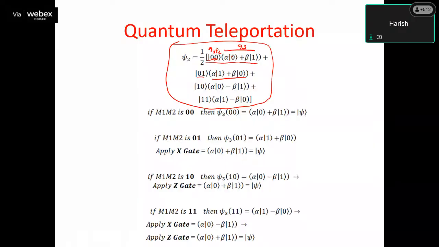Q3 is alpha times 0 plus beta times 1, and what is it? It is nothing but the psi which was with Alice. See here, qubit 3 is nothing but alpha times 0 plus beta times 1, which was with Alice in the beginning.